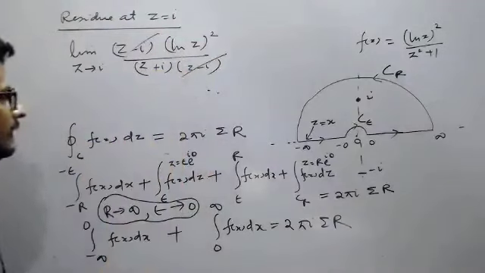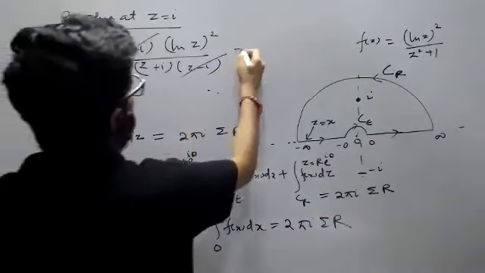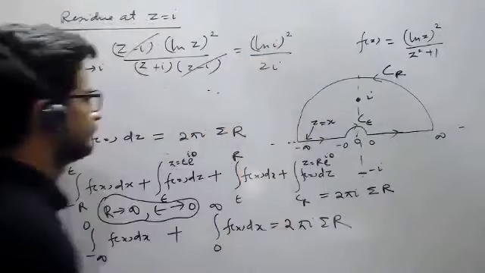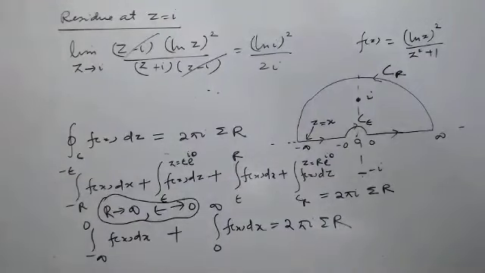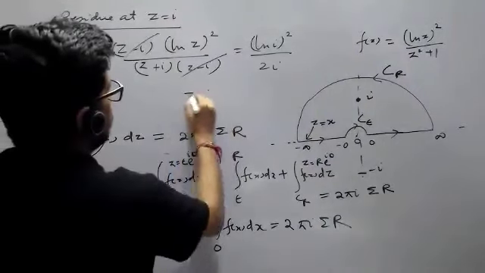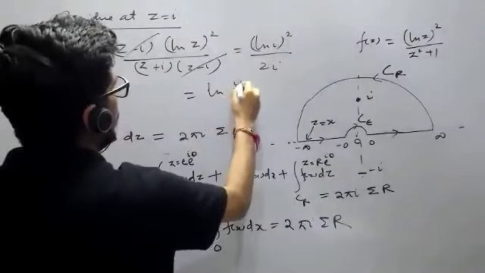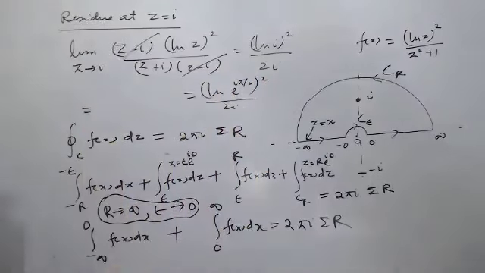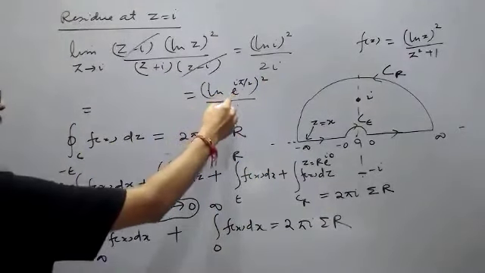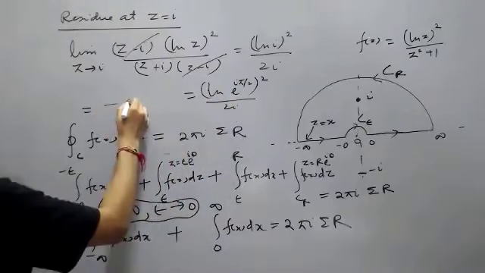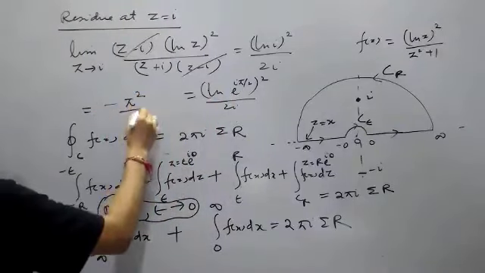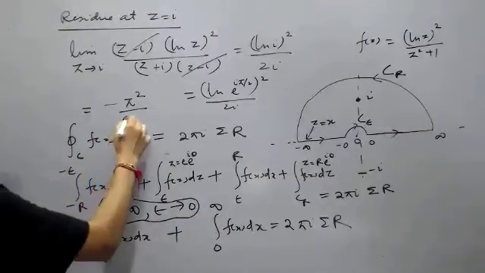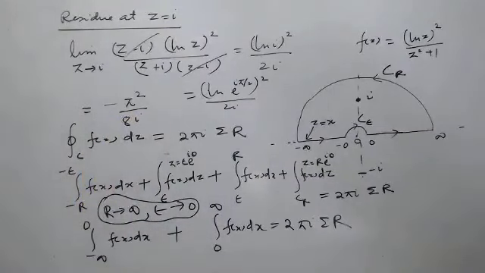This will be cancelled, and if you put z is equal to iota, it will become log of iota square upon 2 iota. So this is log of e to the power I pi by 2 square over 2 iota. So that is I pi by 2. So that will be minus pi square by how much will it come, 8 iota. Yes.